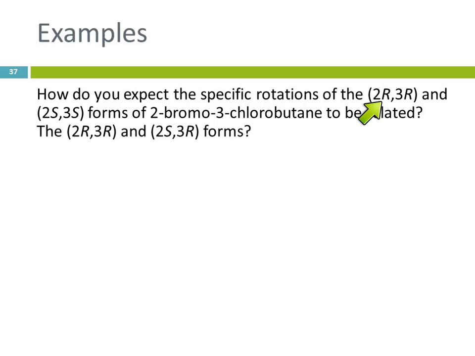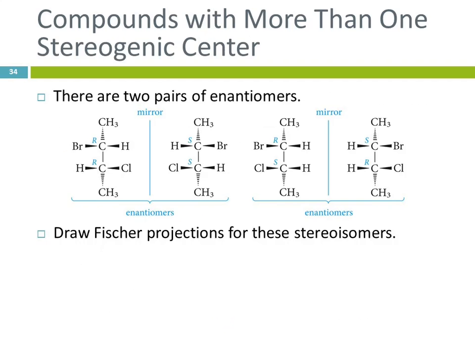So the ones we're looking at here, the first carbon is R, the second carbon is R, and in the other form, both of them are S. Are those going to be mirror images? Here, we actually have pictures of them. So both of them R is this guy, and both of them S is this one. Are they mirror images? Yeah, they are. So those are mirror images.